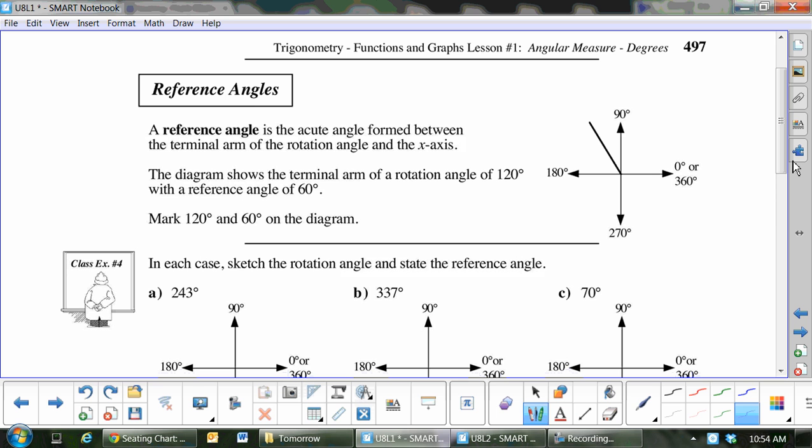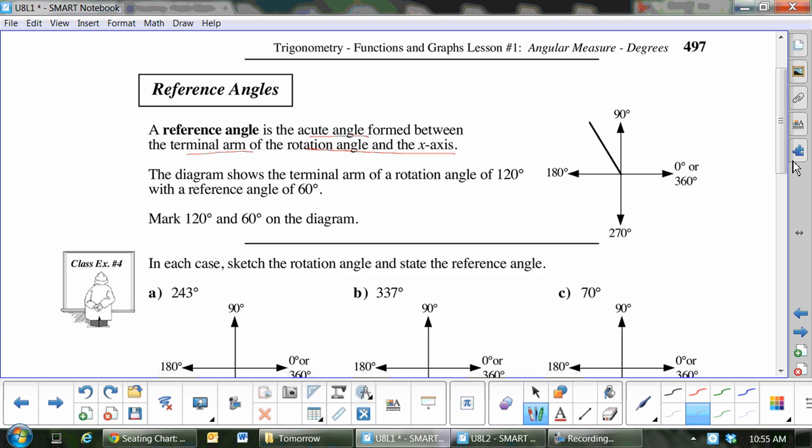So your reference angle, and again, this is a very, very complicated definition, but it is the acute angle formed between the terminal arm of the rotation angle and the x-axis. Okay? Most of you, that meant absolutely nothing when I just said that to you right now. Now, if you break it down, it'll always be the angle to the x-axis.